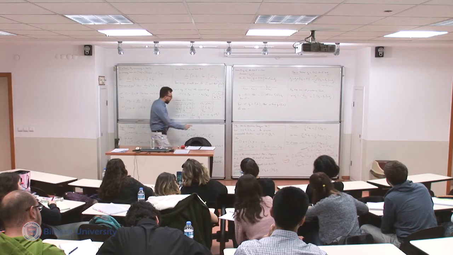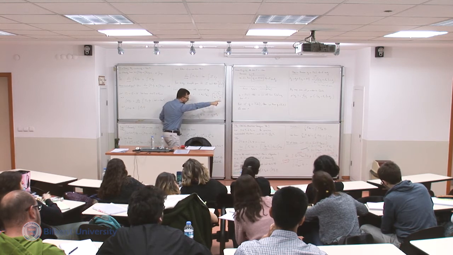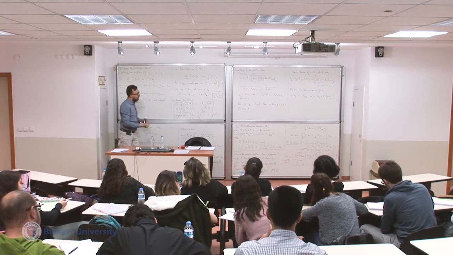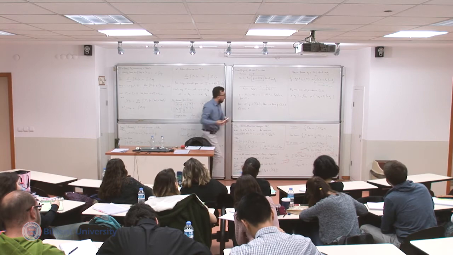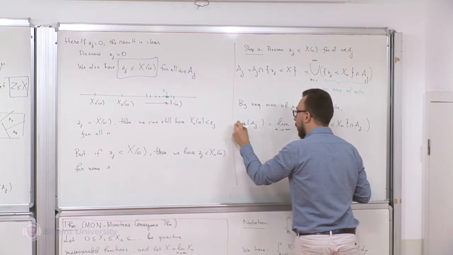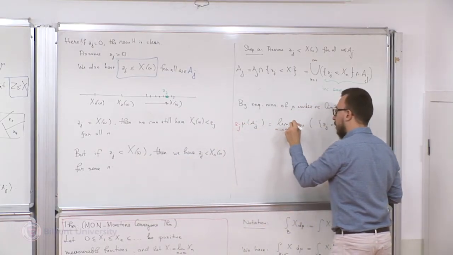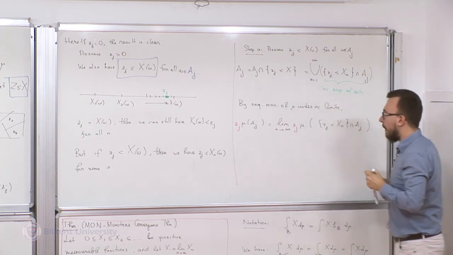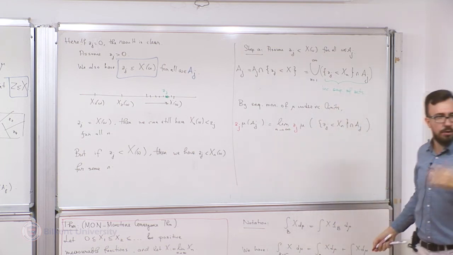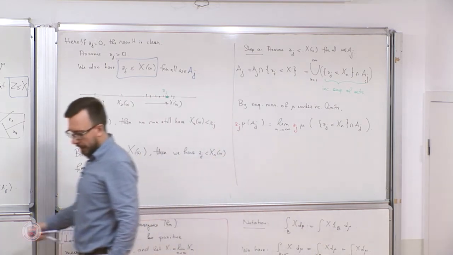So we need to prove that Zj times that value is less than this limit. So let's multiply things by Zj, just a positive number.